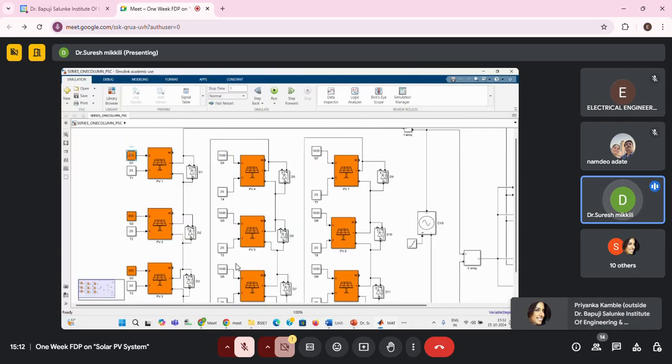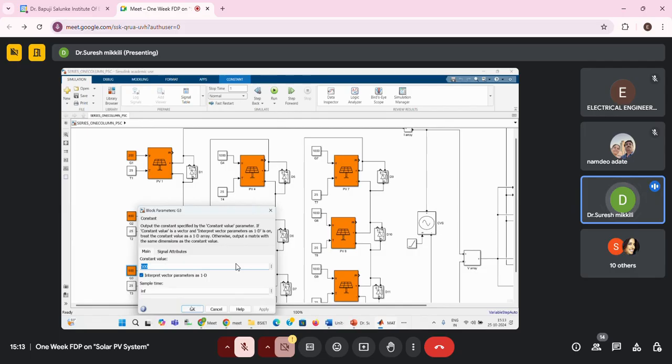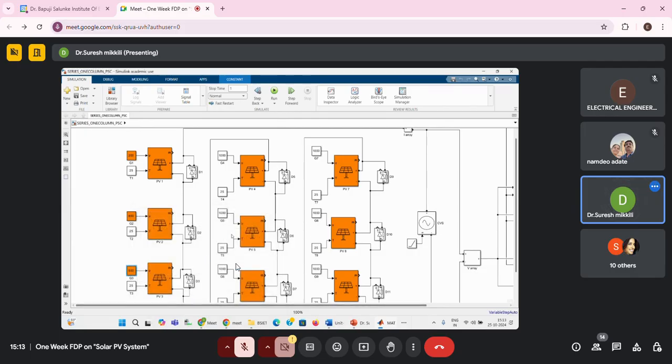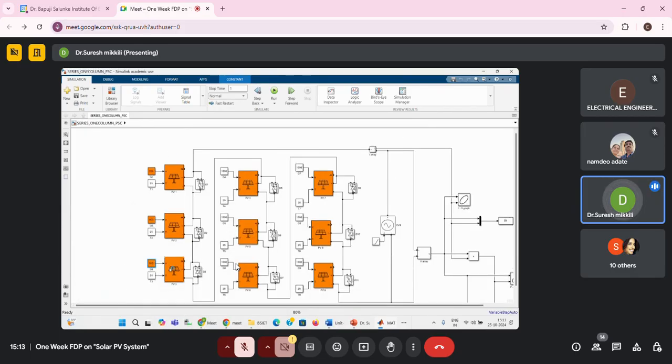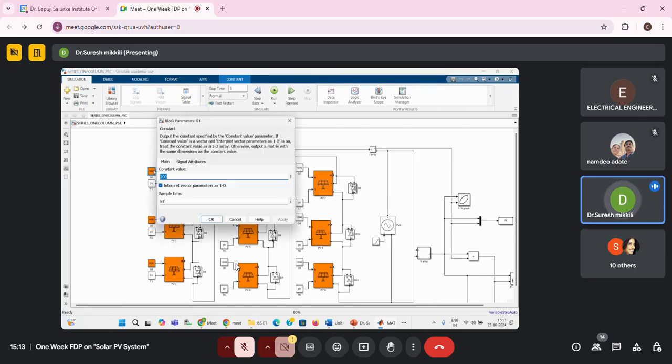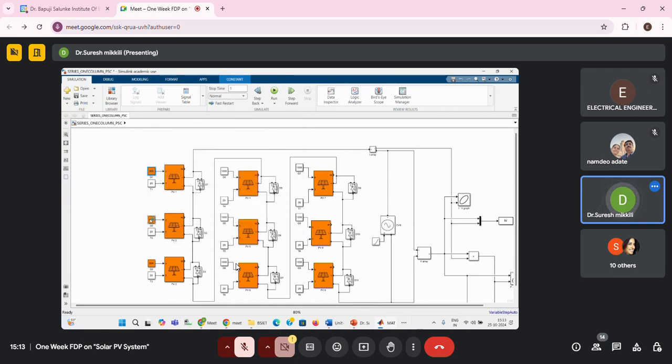Instead of 1000, I have entered 200 watt, 800 watt, 500 watt. Is it okay? First column is shaded. Remaining are not shaded. So shall I enter 500, 500, 500? Is it okay?